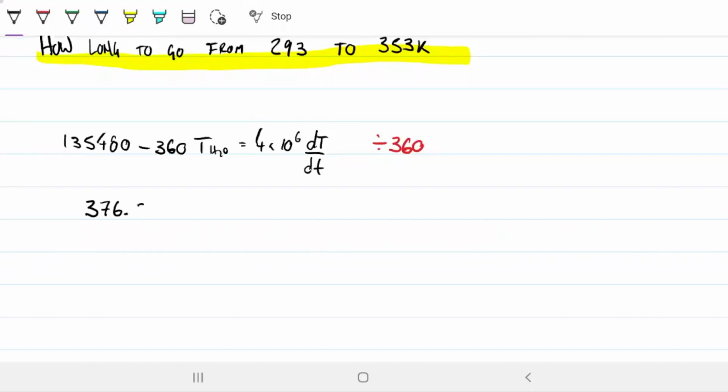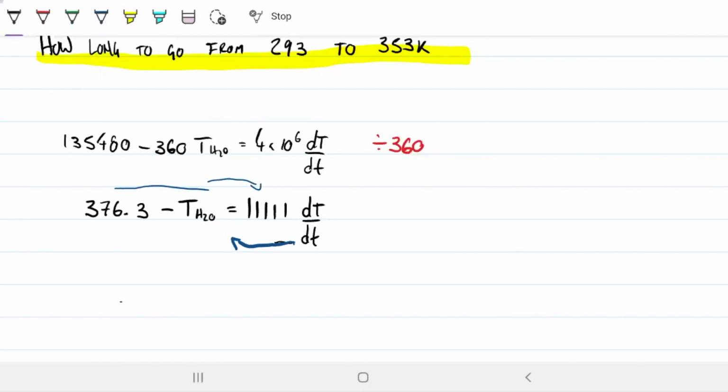When we do that, this equation becomes 376.3 minus the temperature of our fluid, times 11,111 dT. Okay, what I'm going to do is send dT multiplying to that side, and send this whole term here dividing to the other side.